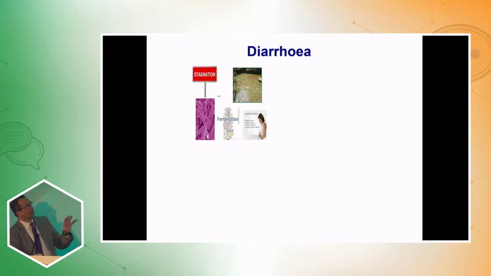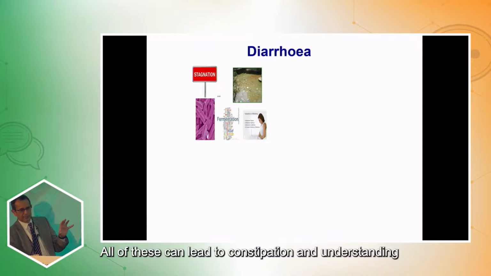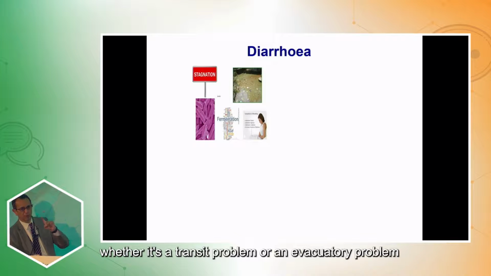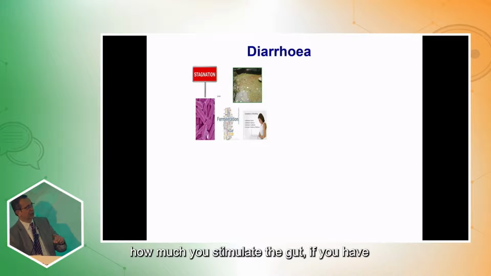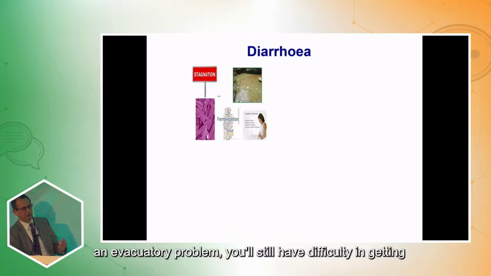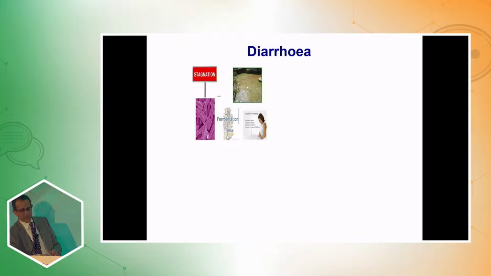So all of these can lead to constipation, and understanding whether it's a transit problem or an evacuatory problem due to an anatomical issue is important, because no matter how much you stimulate the gut, if you have an evacuatory problem, you'll still have difficulty in getting rid of the stool.